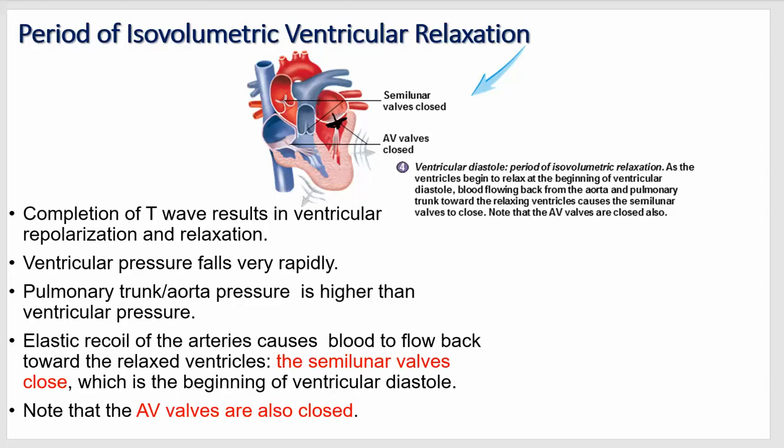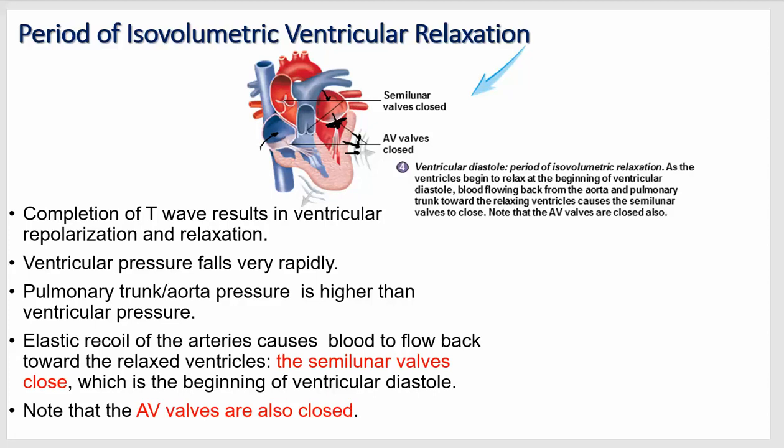Ventricular pressure starts to fall very rapidly, and as the ventricle relaxes more and more, the pressure is going to get lower and lower. And remember, we have blood coming back from the lungs on the left side, from the vena cava on the right side. Okay, so we have blood constantly coming back there.